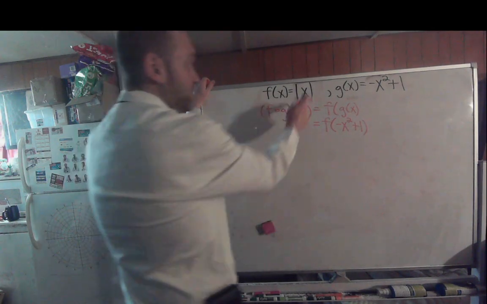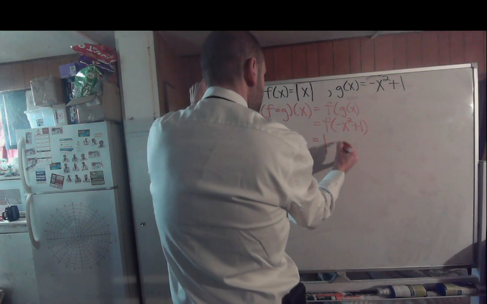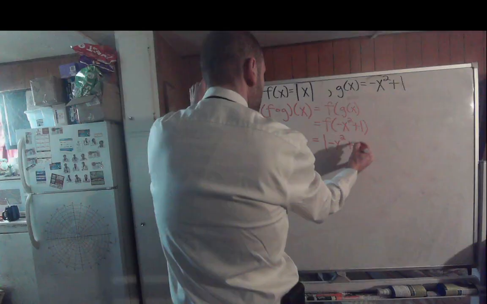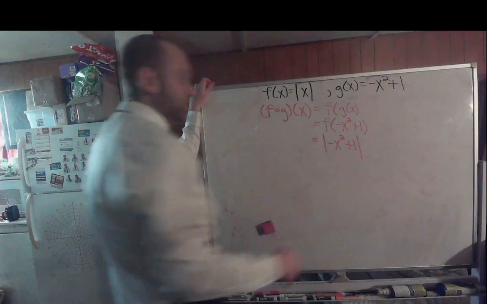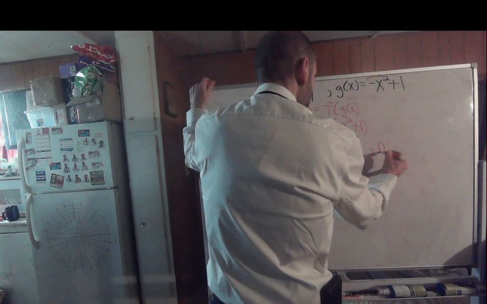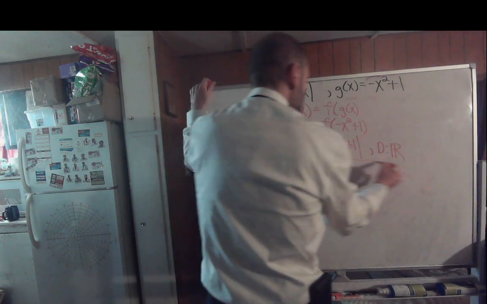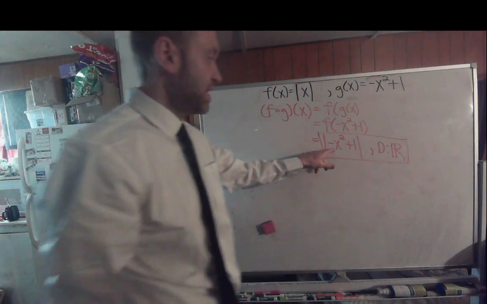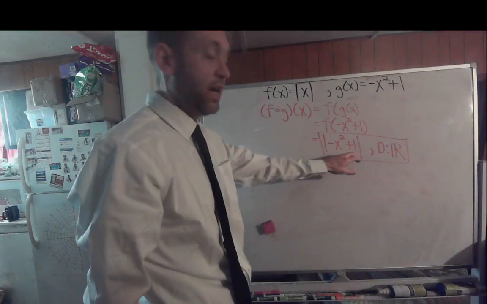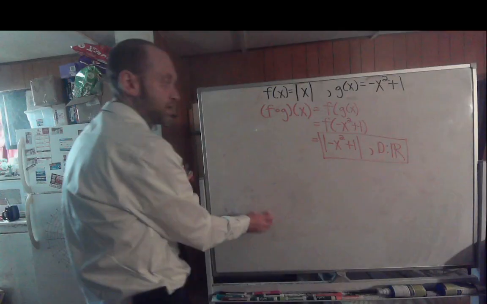So now you'll just put that into your absolute value function. You would get the absolute value of negative x squared plus 1. And since it's an absolute value function, there's nothing that would make your domain undefined. So your domain is going to be the set of all real numbers. So f composition g of x is negative x squared plus 1, the absolute value of that quantity.